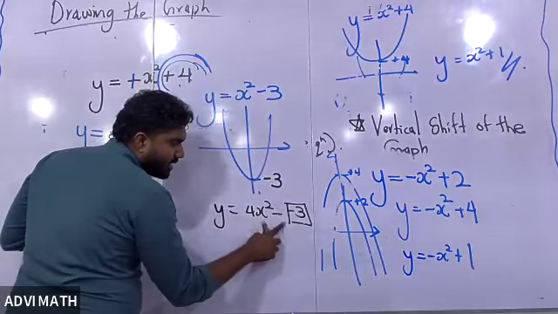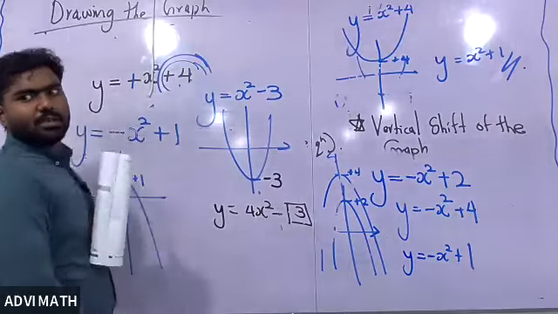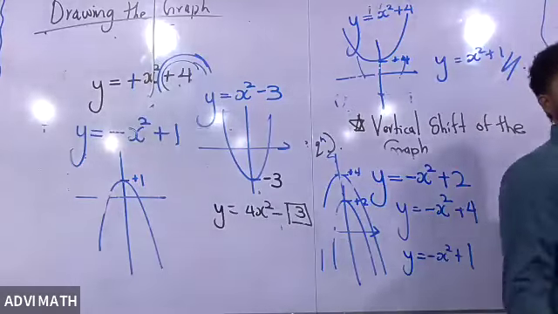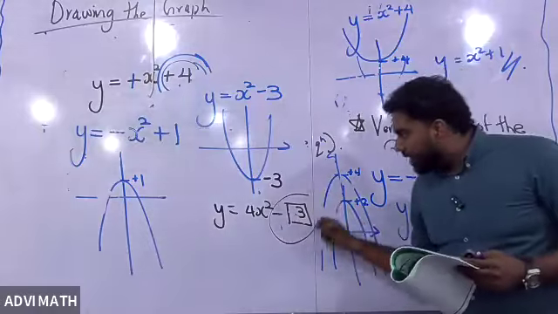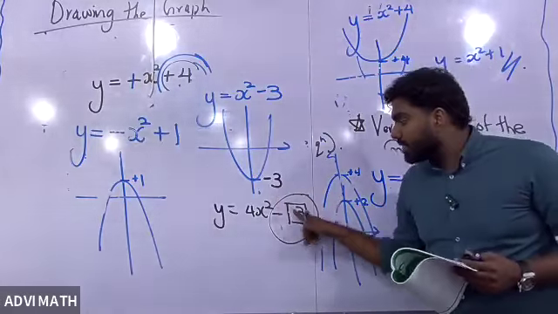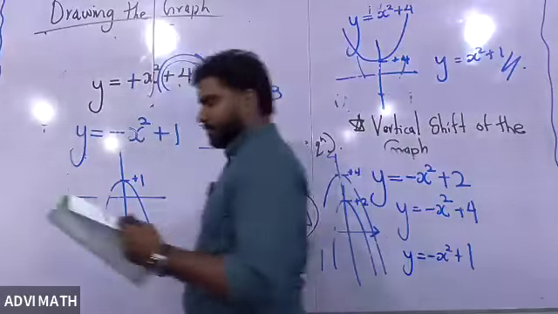Already the minus symbol is given. So what do you put inside? 3 only. Already the minus is there. Don't put minus 3, put 3. End of the day the value here should be this. If you put minus 3 here, minus into minus is plus, it becomes plus 3. So this is a different graph.